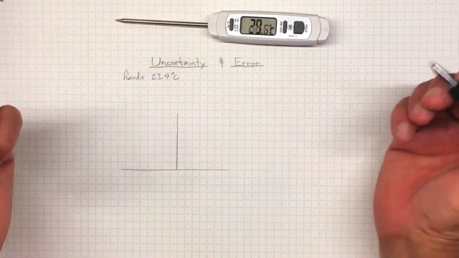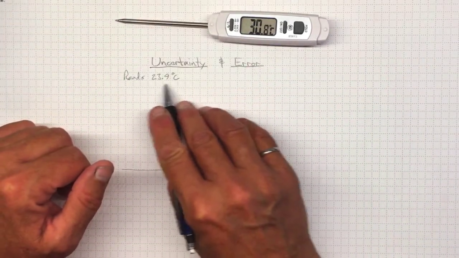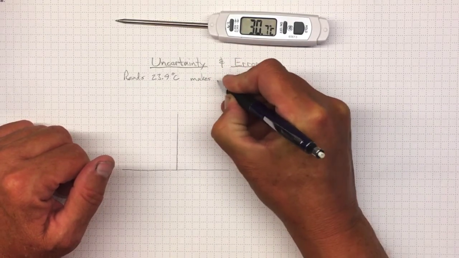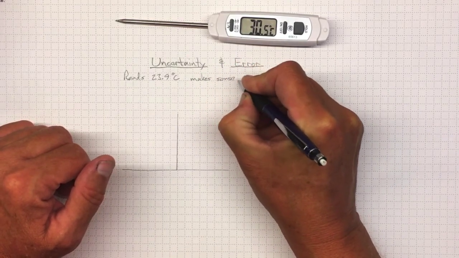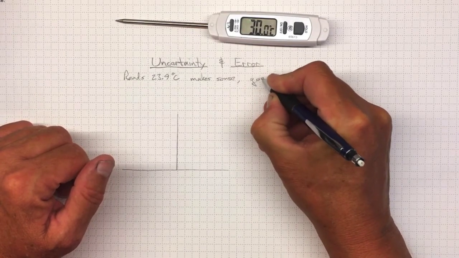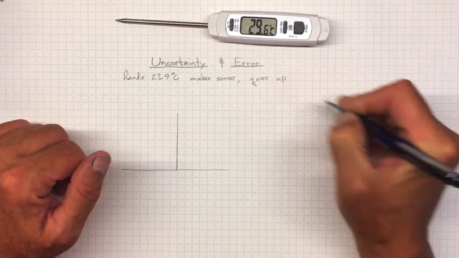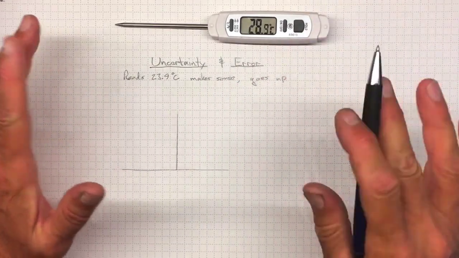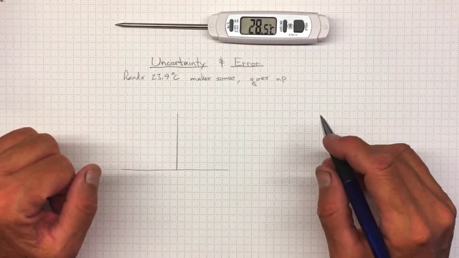And my sense of the room that I'm in tells me that that's not a stupid number. So 23.9 Celsius makes sense. And when we warm it, it goes up.